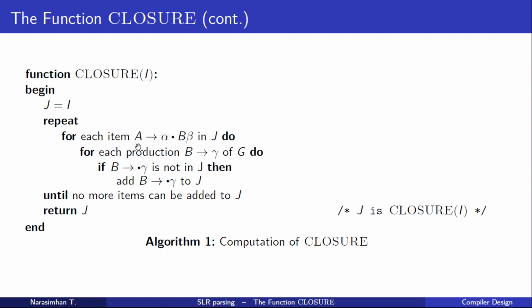So for every item A gives alpha dot B beta in J, for every production B gives gamma in the grammar G, if you find that B gives dot gamma is not present in the closure set, you just add that item to the closure set. That is what we saw in the second step previously. And this should be repeated until no more items can be added to the closure set. So finally, when you get out of the loop, the set J will be the closure set, so you can just return J.